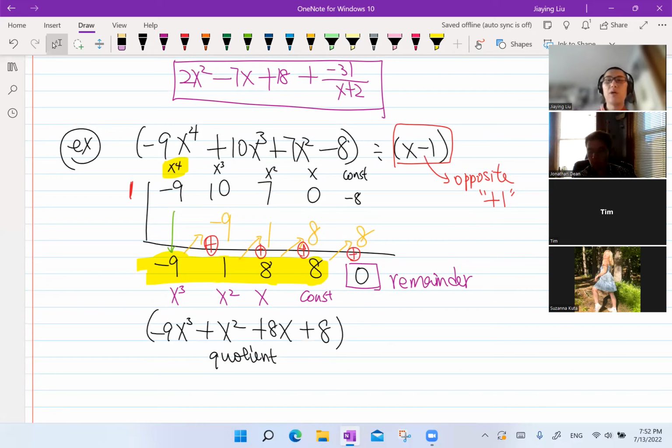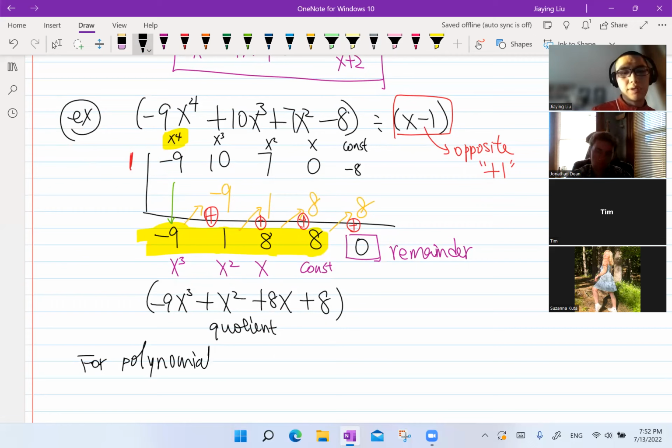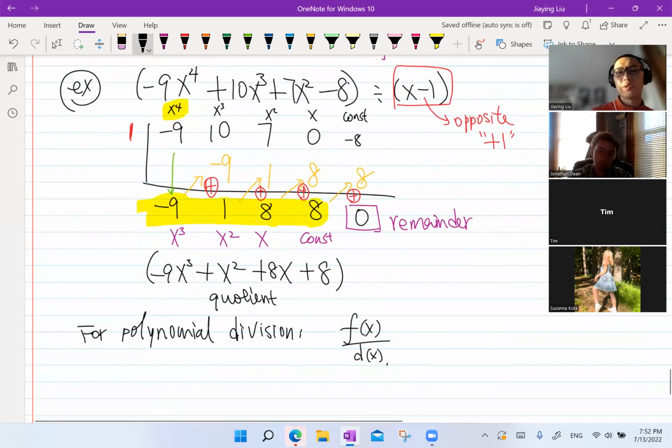All right, so that's one thing I want to mention here because it's very important. That's the whole point of synthetic division and long division. For polynomial division, let's just say f of x divided by the divisor d of x, for example.